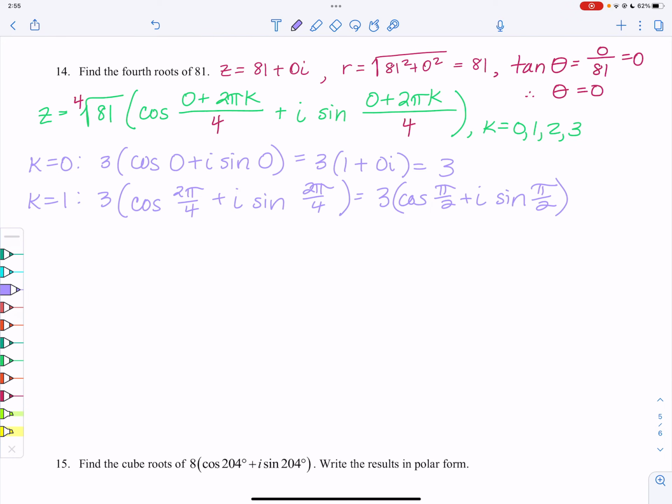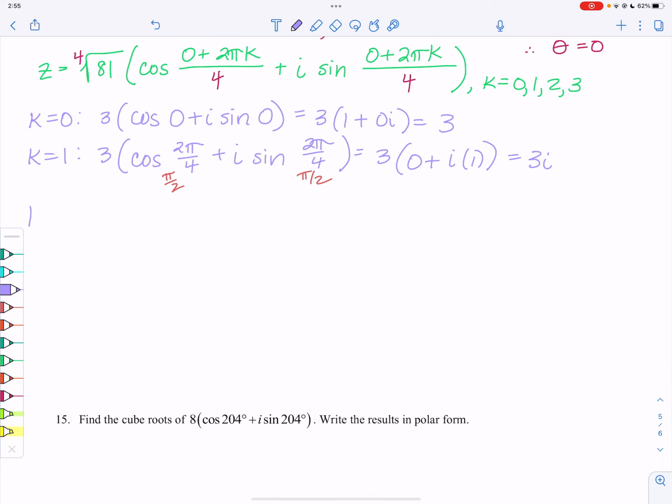And then why don't I just mark these as pi over 2. And then you'll be able to just see that. And we can just go ahead and compute these. So we have 3, and then we have 0 plus 1i, or I times 1, and we come up with 3i. Okay, let's try k equal to 2.